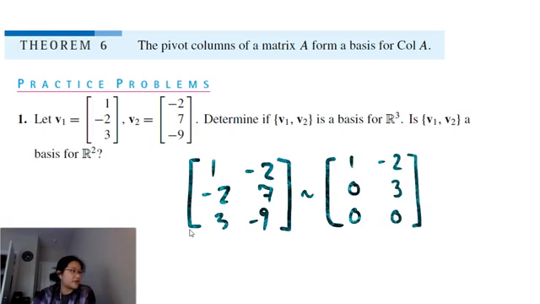Okay, so we don't have enough pivots, we don't have a pivot in each row, so no, not a basis for R3. And is {v1, v2} a basis for R2? No, because it's not in R2. We could think about maybe the projection, but v1, v2 is not going to give us a basis for R2.